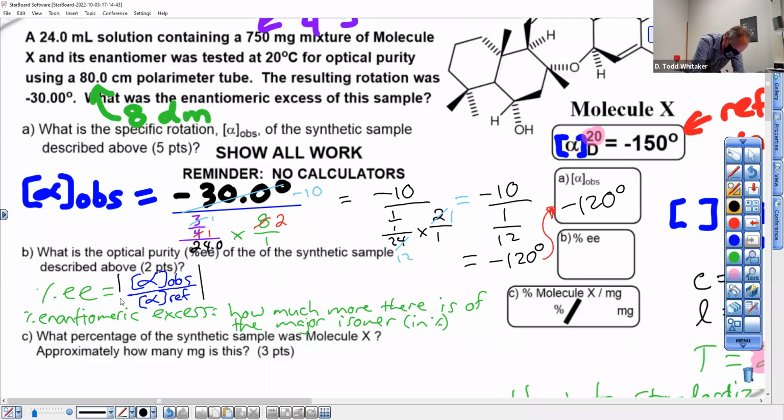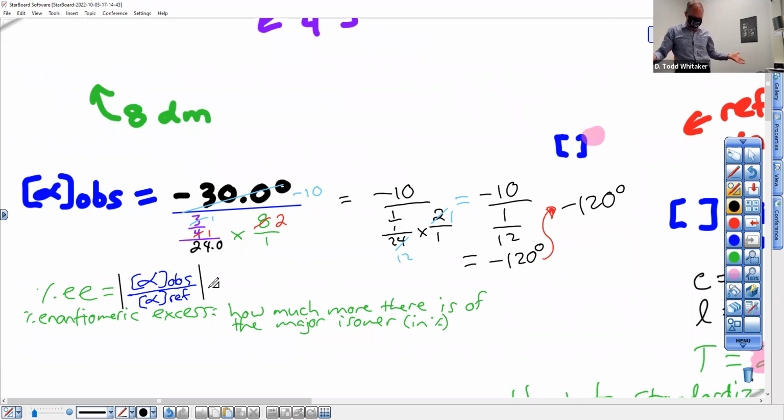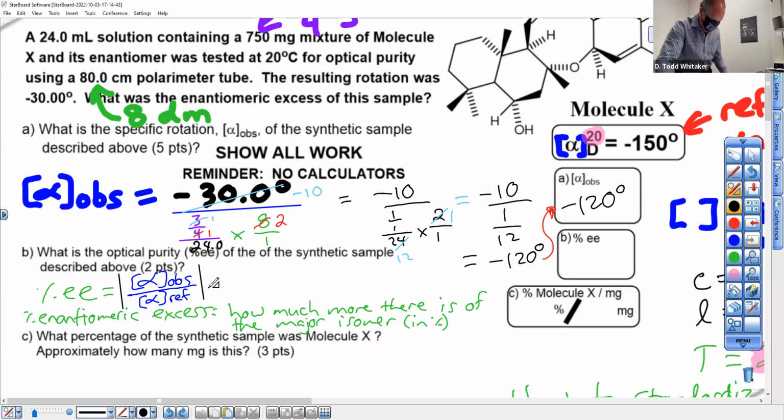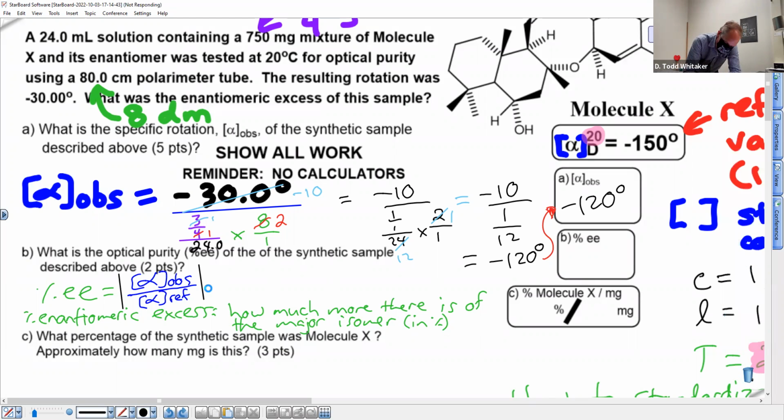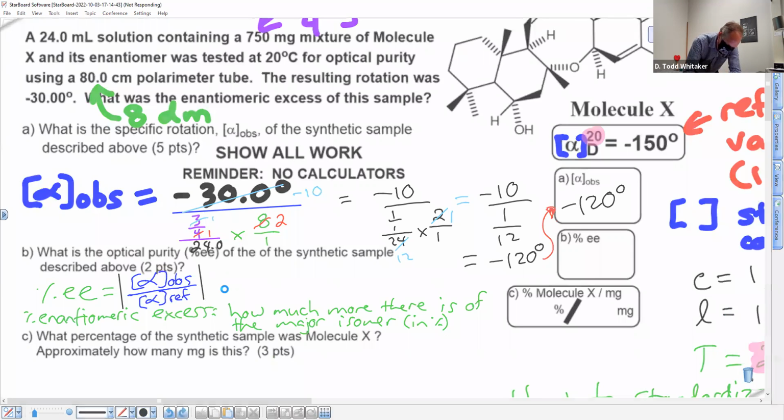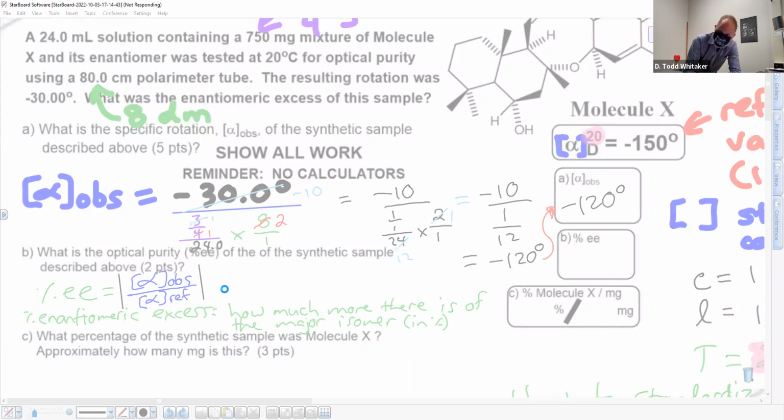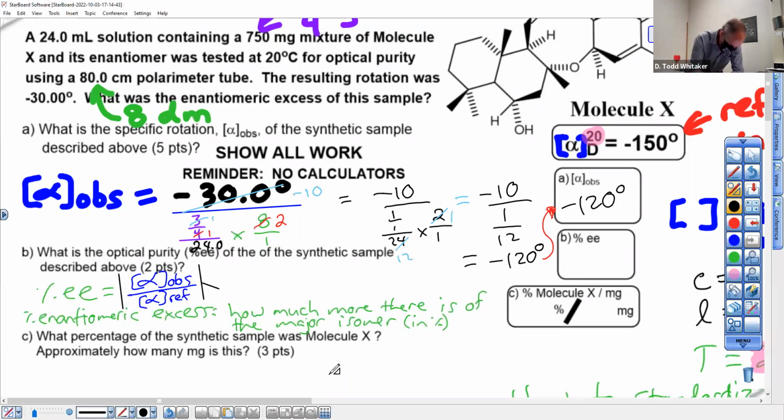So you take the absolute value, those straight vertical lines, times 100.